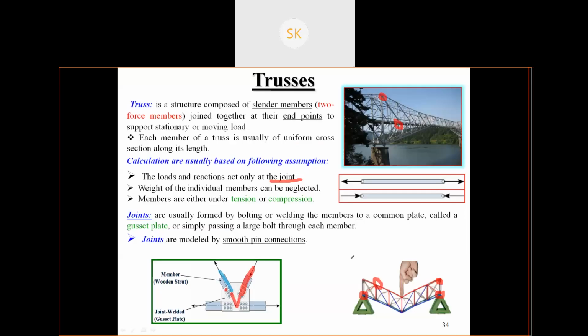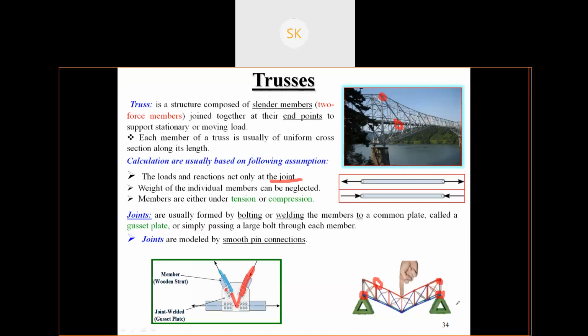Okay, so now you have to see when the structure is statically determinate. A structure should be externally stable and internally also. Suppose this is the structure, in pinned position.